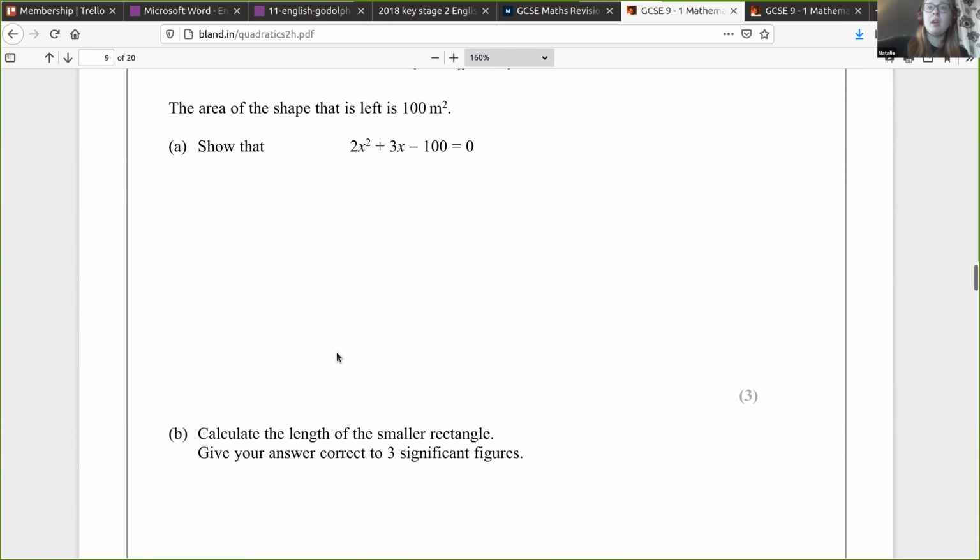So again, I've forgotten to press annotate. a is equal to 2, b is equal to 3, and c is equal to minus 100.